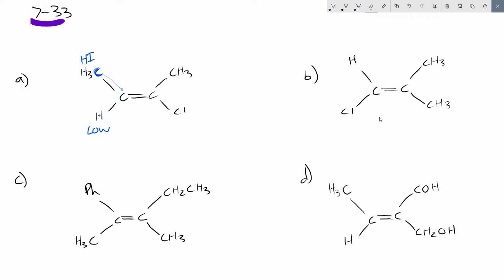Next, let's go to the right side and compare. So we have a carbon and we have a chlorine. This time the bottom one is heavier, right? Chlorine. So this gets a high and the top one gets a low. Right? So again, you're comparing the two groups on the left together and then separately comparing the two groups on the right.